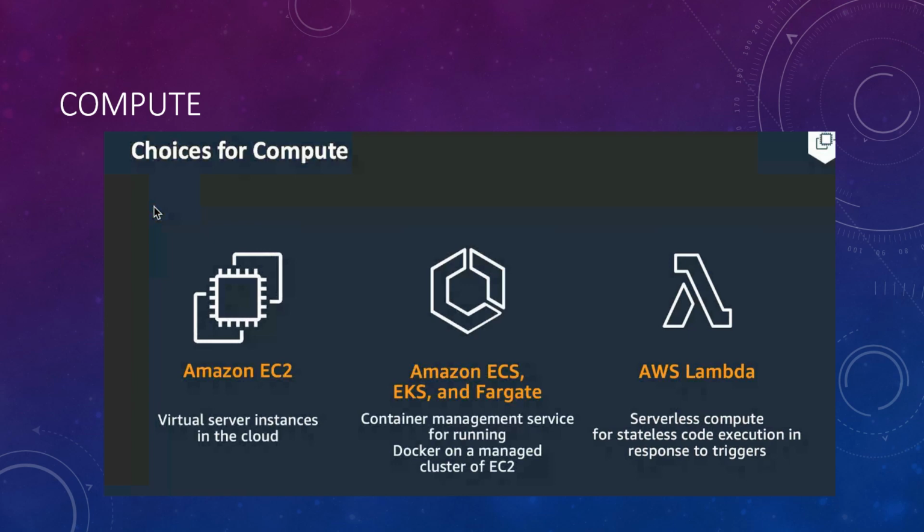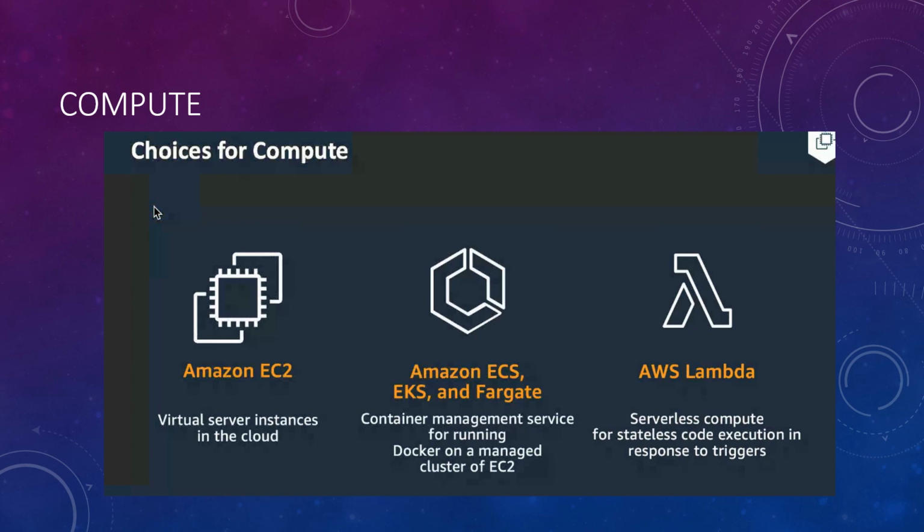Now EKS, just to confuse you, means Elastic Kubernetes Service. Kubernetes is a way of managing containers that already existed outside of AWS. It's a bit like ECS, but it has a few extras, like really good load balancing features and really good security features. So EKS is a management service that's a little bit better than ECS, I guess.